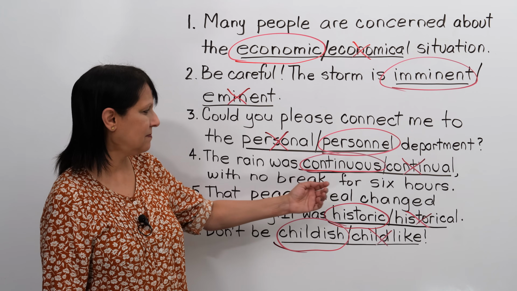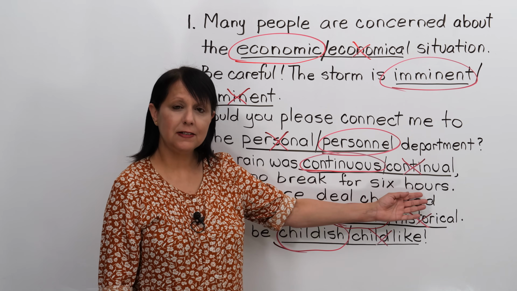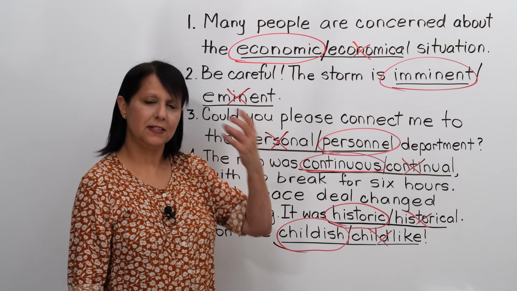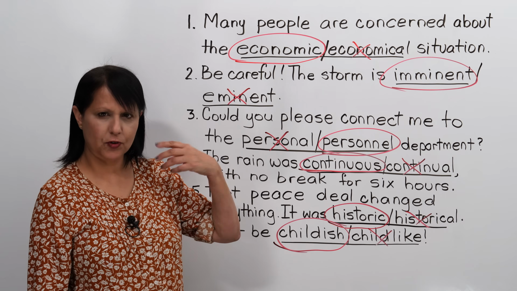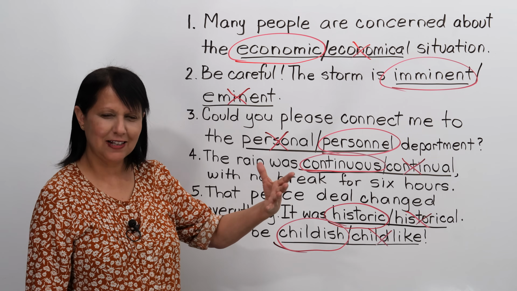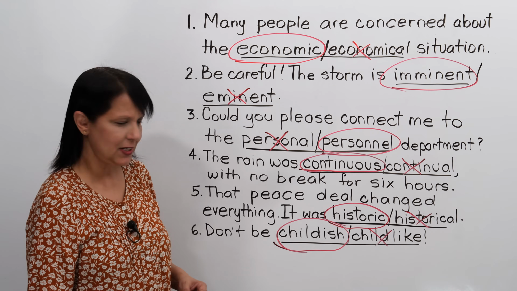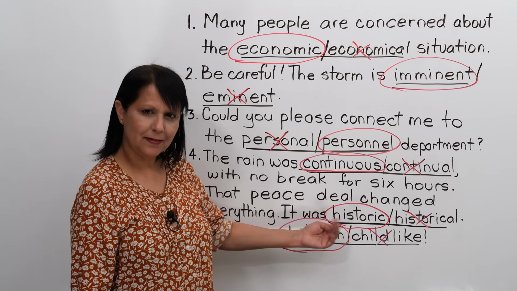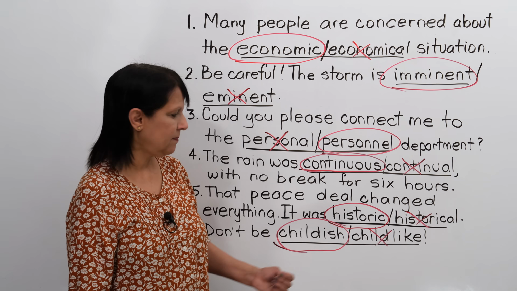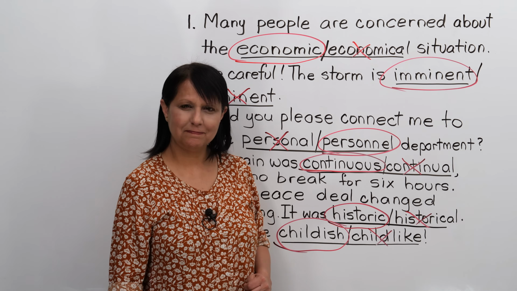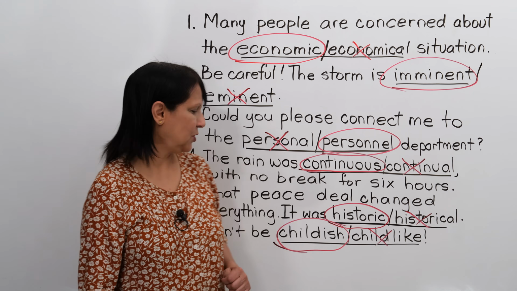Continuous, continual. Good. Say it aloud if you're alone somewhere, if you're in a place where you can speak aloud. Always say it aloud, not just in your mind, especially for pronunciation. Historic, historical. Good.